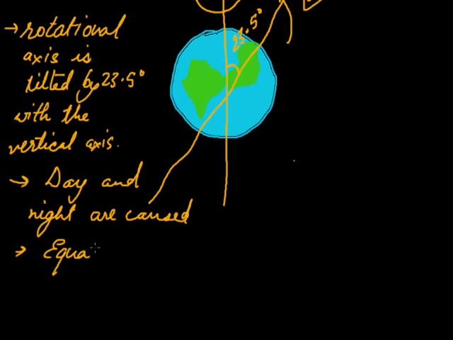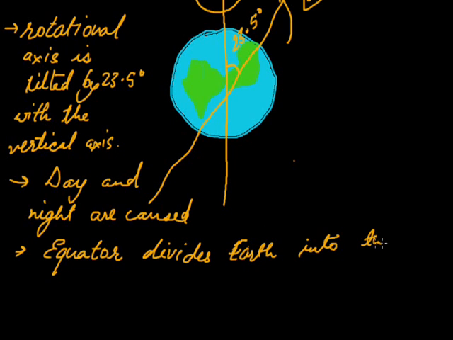The equator is an imaginary circle and it divides Earth into two parts, the northern hemisphere and the southern hemisphere.